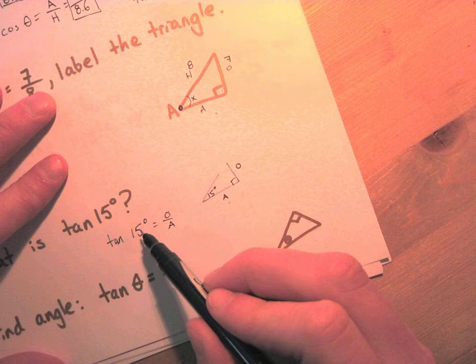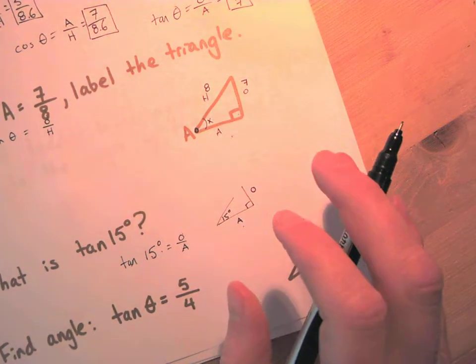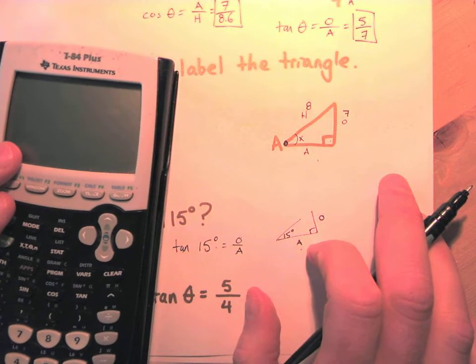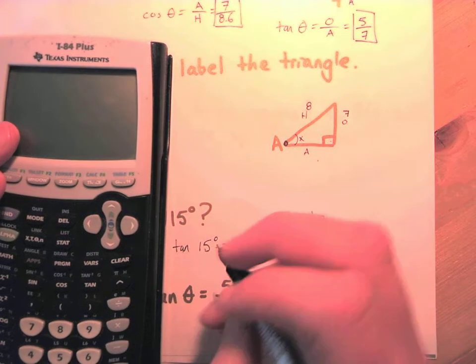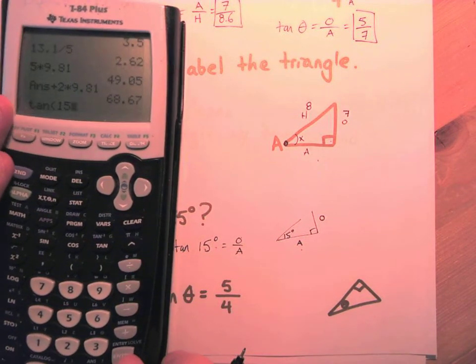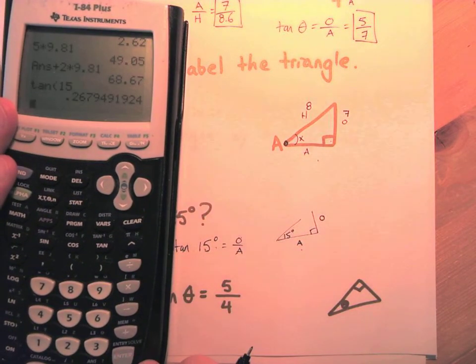So what is tan 15 degrees? This question is just asking for you to use the calculator. Tan 15, we can go tan 15, enter, is 0.2679.